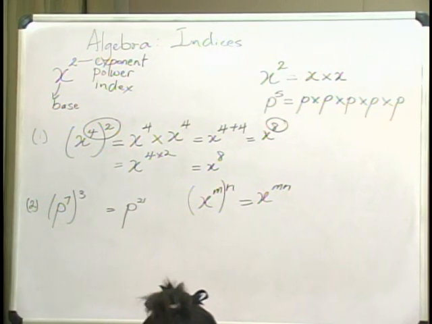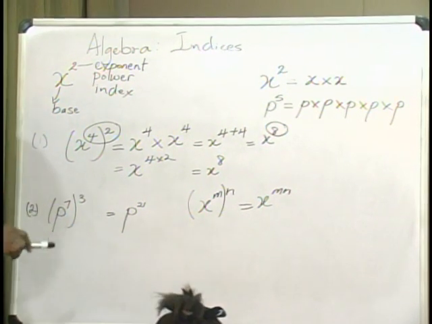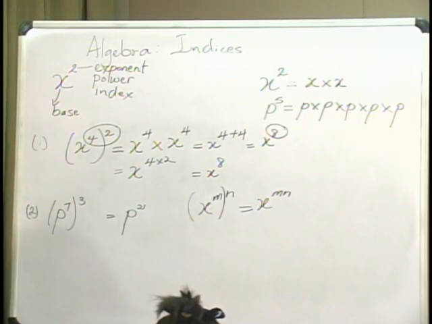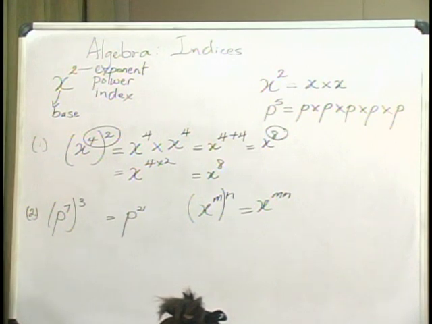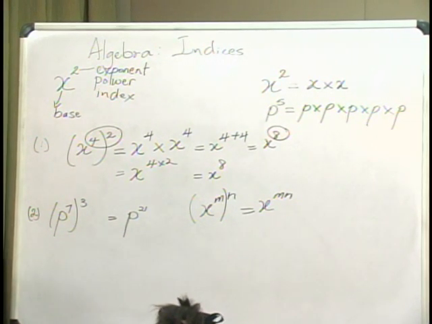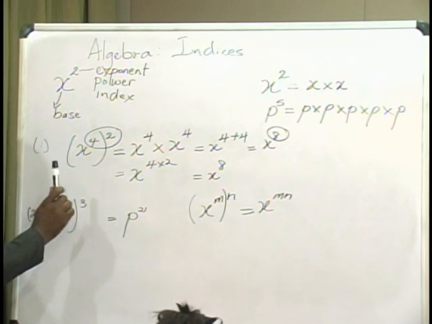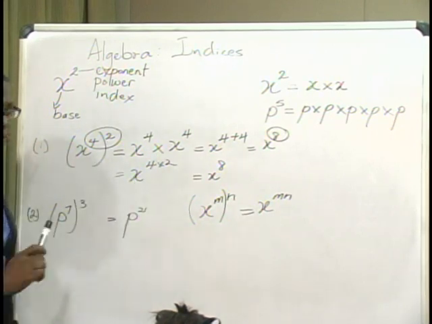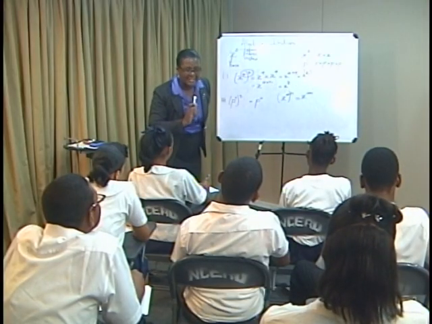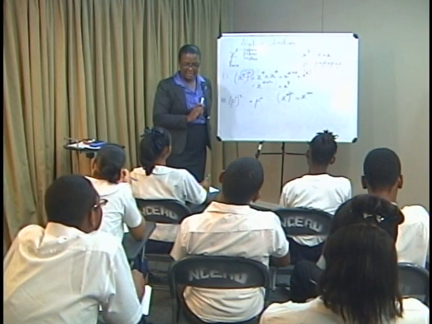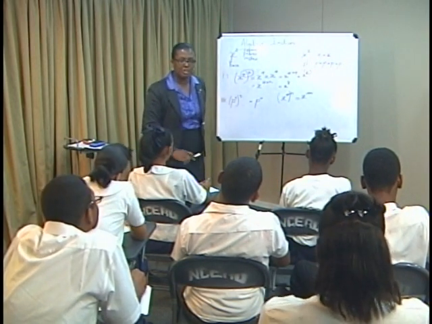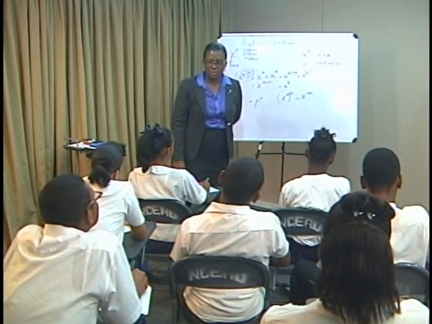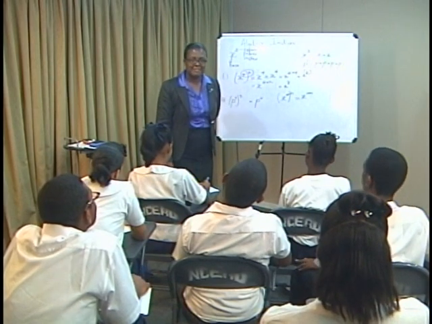And if you notice, all we were doing here was multiplication. And multiplication is associated with which other operation? Division. But when the bases were the same and we were multiplying, what did we do? Added. Okay? Good. Any questions? No questions. Good.